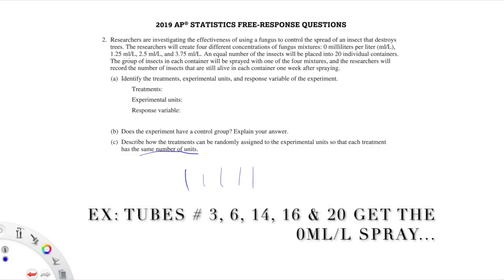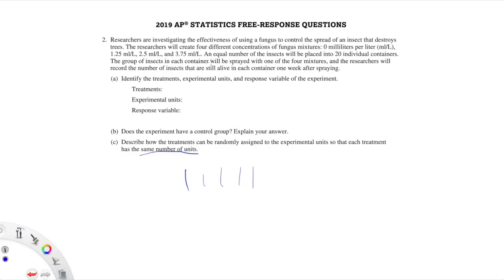These 5 random numbers are going to be 1.25. The other 5 are going to be 2.5, and the last 5 are going to be 3.75. And probably a good idea to include that the random number generator doesn't repeat at all, right? So that each of the 4 treatments is assigned to 5 of the 20 individual containers.